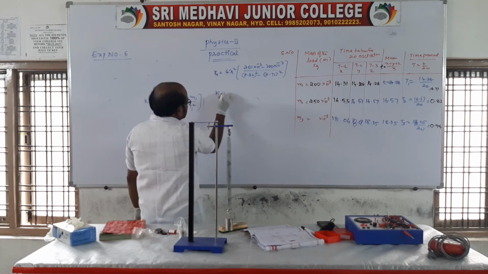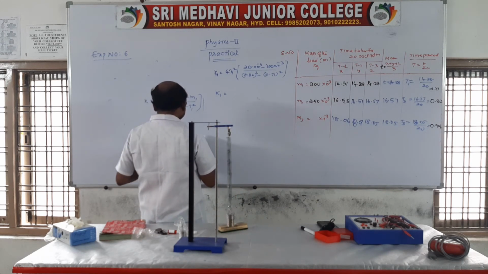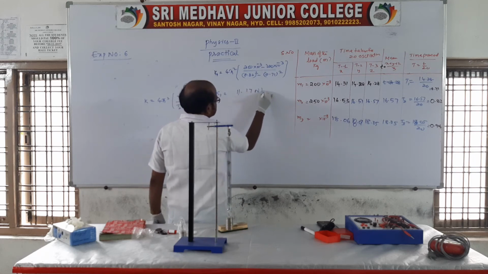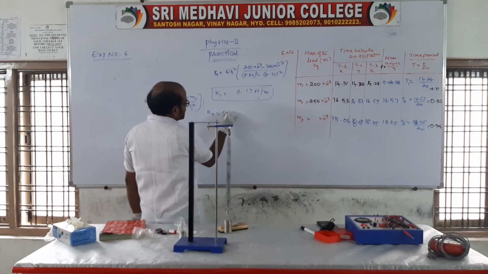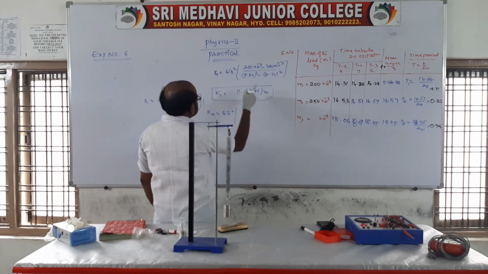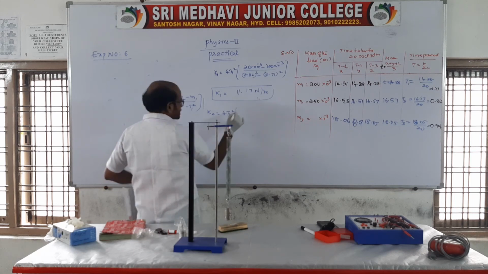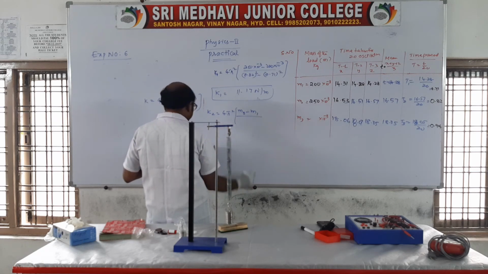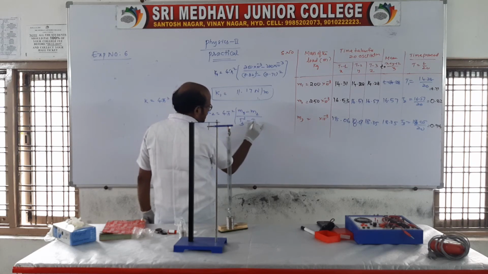After substituting this, K1 will be approximately 11.17 Newton per meter. Then go for K2, which is also 4 pi square into M3 minus M2, by T3 square minus T2 square.